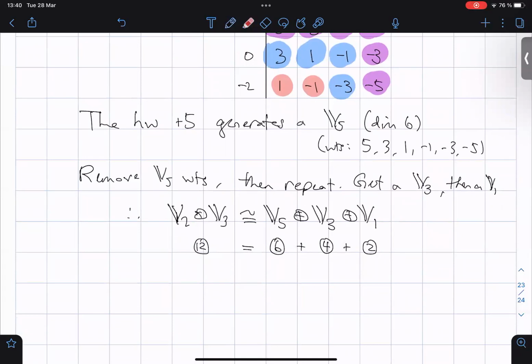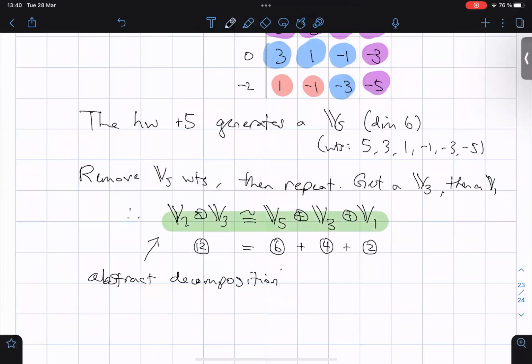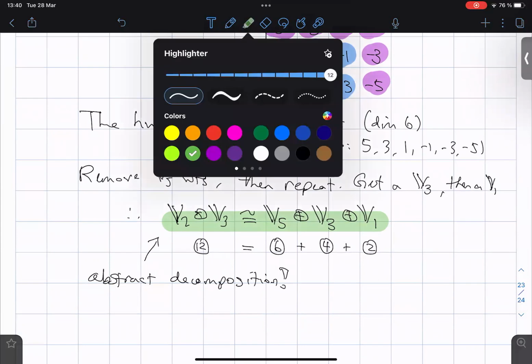Okay, so this is an abstract decomposition. You might want to have something more concrete.